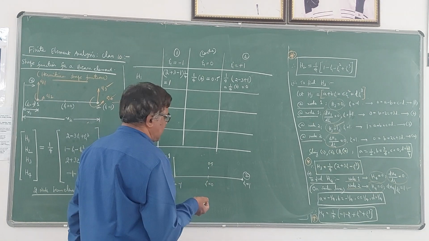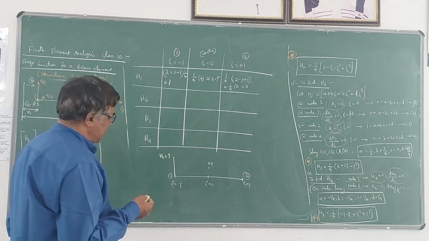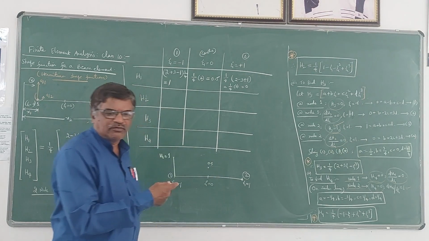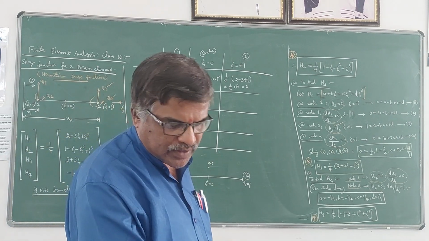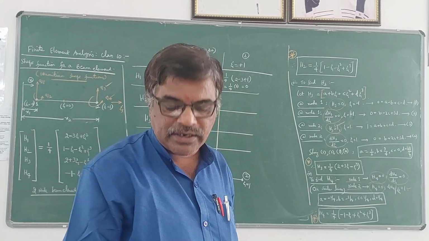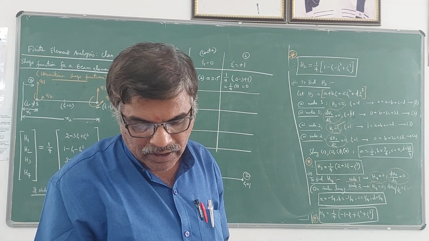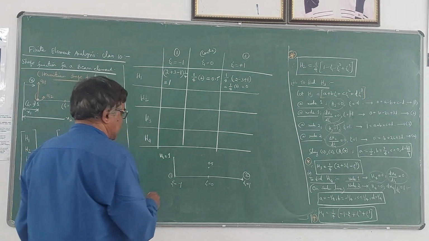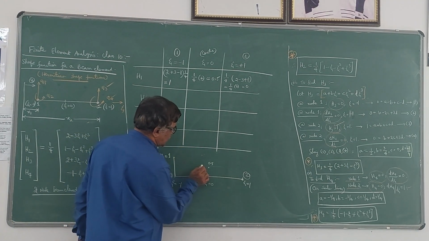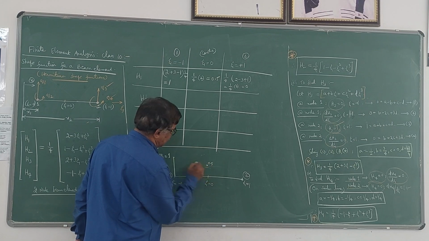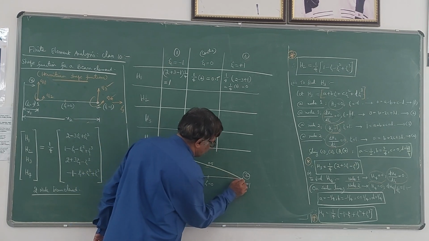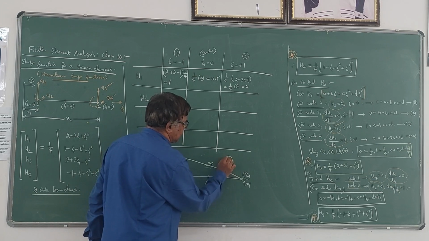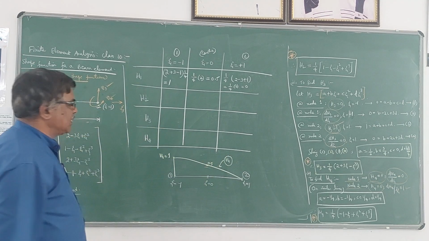If you want, you can take zeta equal to 0.5 also and find out the value at that point. Then you have to join the points by a cubic parabola. So you are going to get a curve something like this, because it is of third order. This is the variation of h1 over the length of the beam.